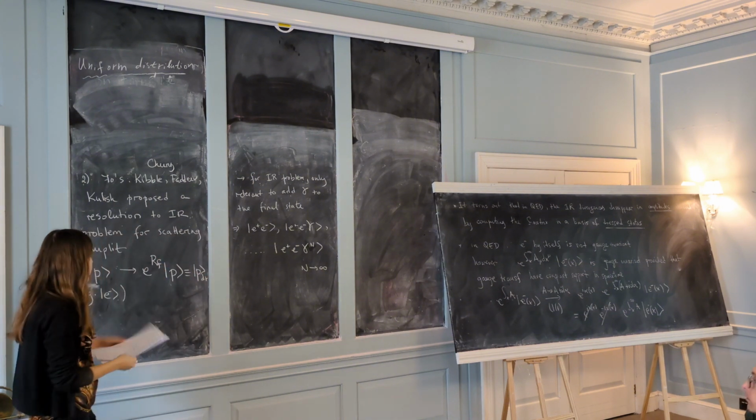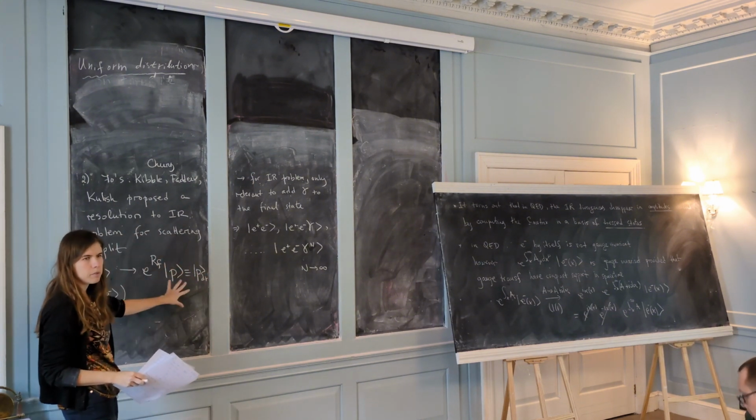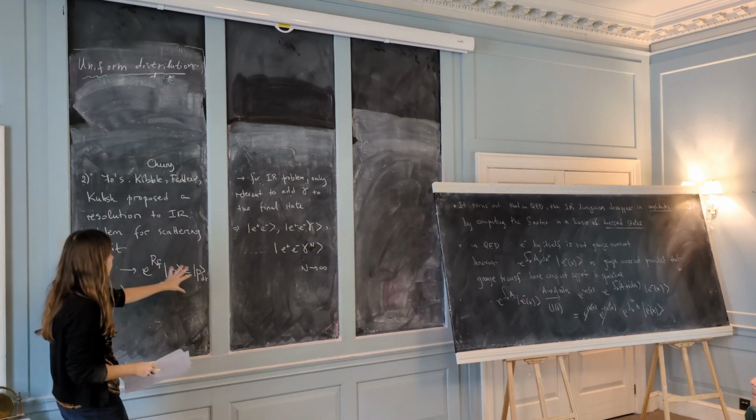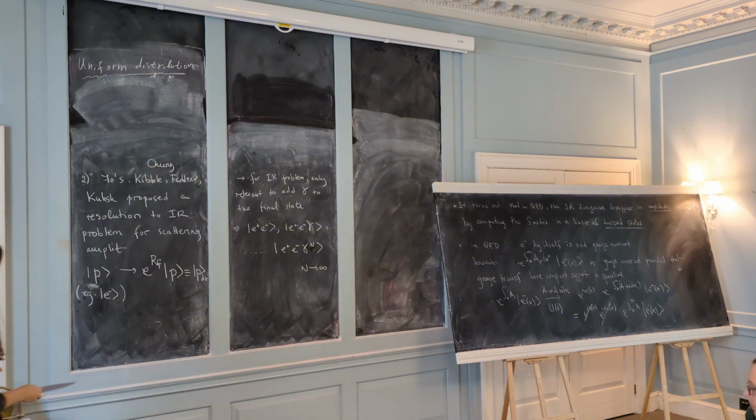Where this cloud is depends on the momentum of this particle. And indeed, more recently, this prescription has been understood also from a different point of view that involves analyzing asymptotic symmetries.